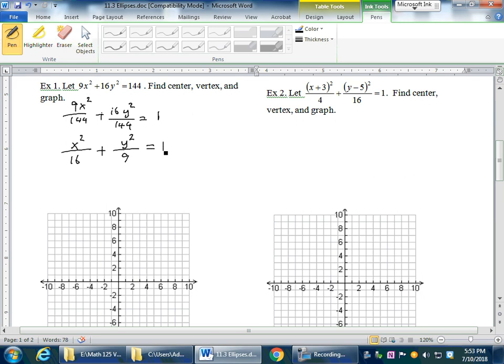If you look more carefully according to the formula, this becomes (x minus 0) squared, because x squared is x minus 0 squared, over 16, which is 4 squared, plus (y minus 0) squared over 9, which is 3 squared, equal to 1. So from here, we know our center and we know our a and b, right? So the center is 0, 0. That's what they're asking for, right?